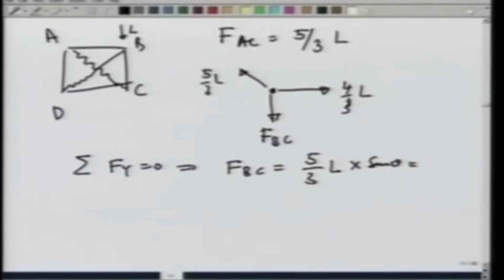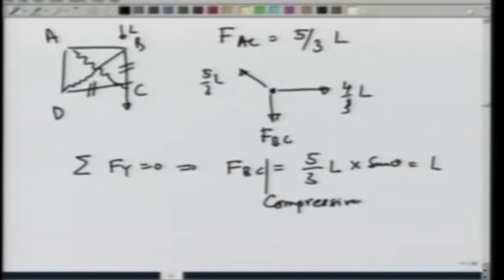Sine of theta we have already calculated is 3/5, and therefore, this comes out to be L. So, F_BC is pushing it down, and that means the rod is being compressed, so it is compressive. So, we found force F_DC, F_BC, F_AC, F_AD, and F_BD. The remaining force is only F_AB.